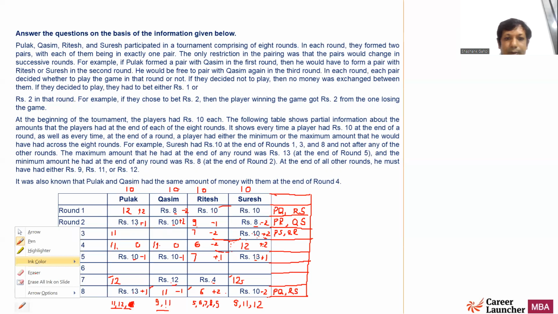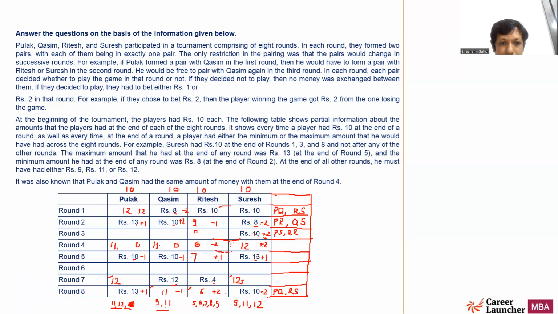In round 3, I already know that this is definitely going to be the case where this value is going to be 8, this value is going to be 11, this value is going to be 11. So minus 2 plus 1 minus 1. So who's playing in this round? That is PS and QR.